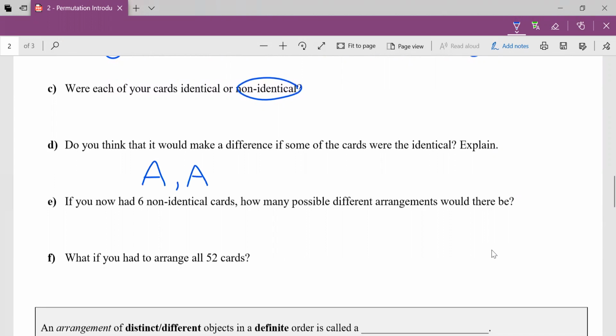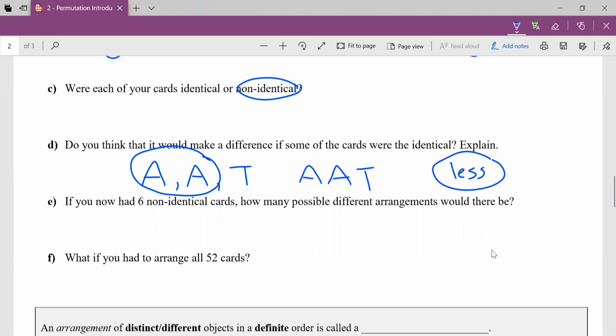So say these 2 aces were the same and I had a 10. Well, I can't tell the difference in the order of how I put these 2 aces, right? So yes, we would have fewer ways that we could arrange these cards.